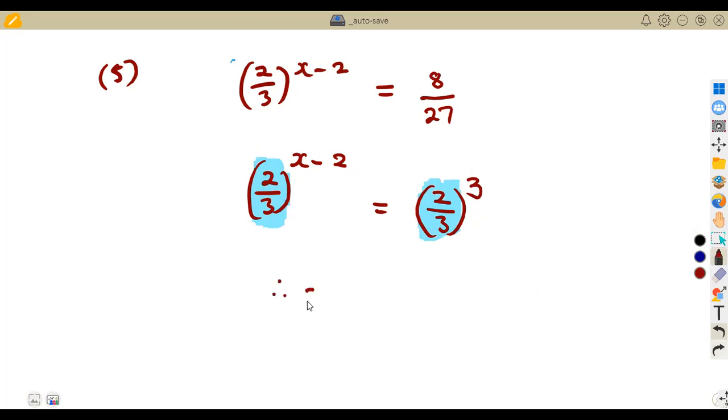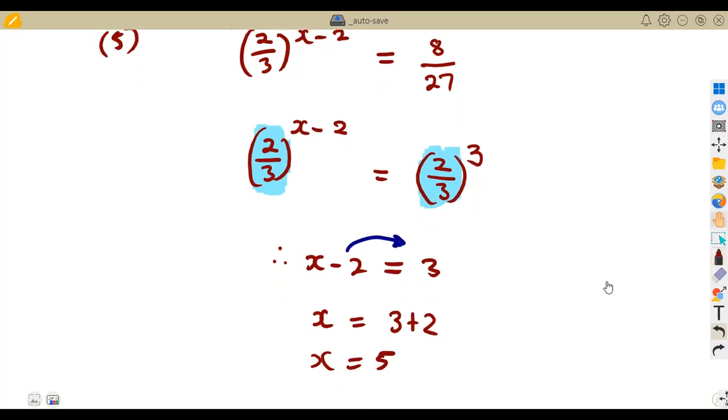So therefore here, x minus 2 must be equal to 3 because these bases were the same. So it's now a linear equation that we are supposed to solve. How are we going to solve for x? Transpose negative 2 to the other side, it becomes a positive. So that will be 3 plus 2, which is 5. So that's the value of x.